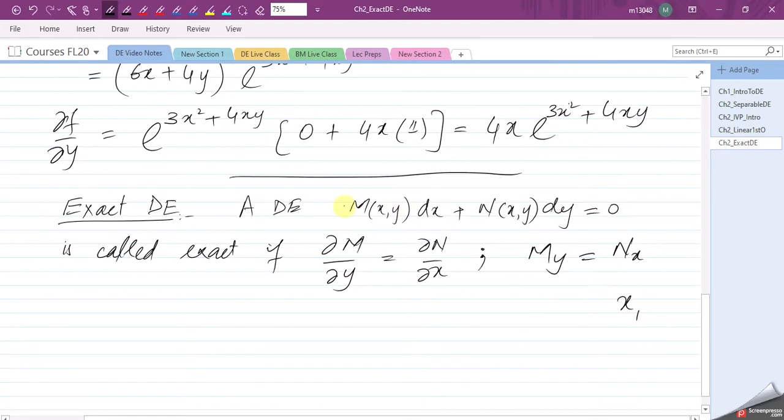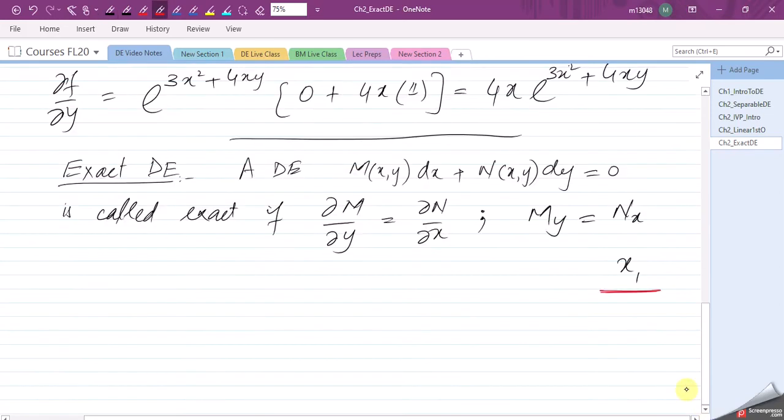So if you take partial derivative of this function with respect to y, and partial derivative of this function with respect to x, and the answer is the same, then we say the equation is exact. But that is just the check. This check only tells me that the equation is exact. How to solve the equation? Well, we'll discuss in a minute.